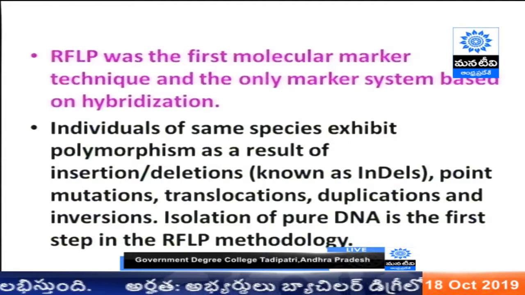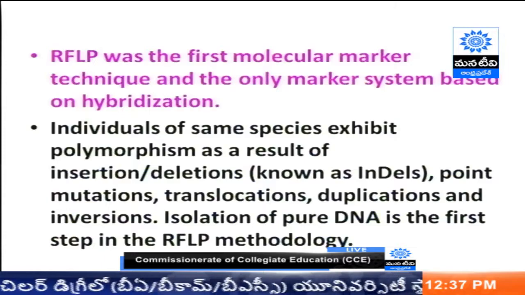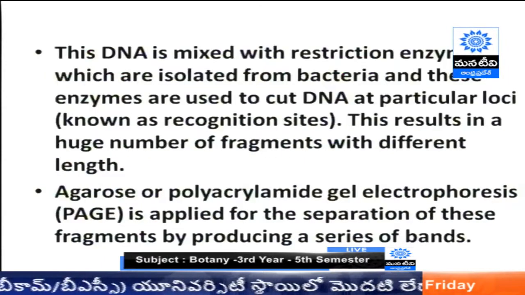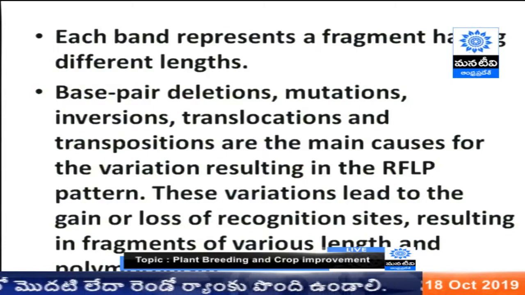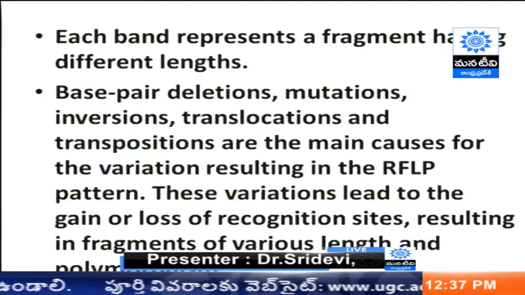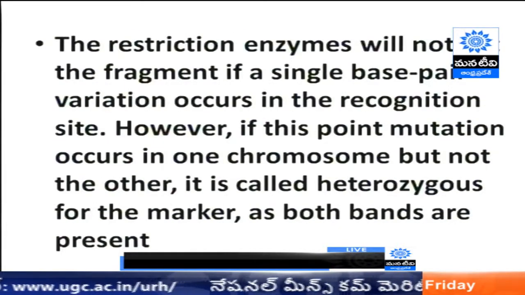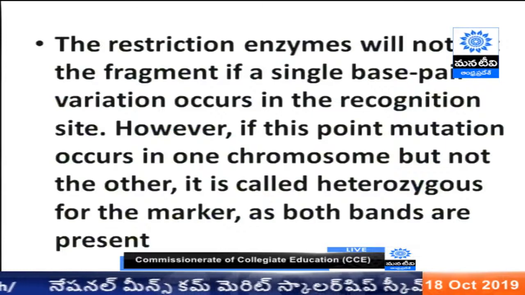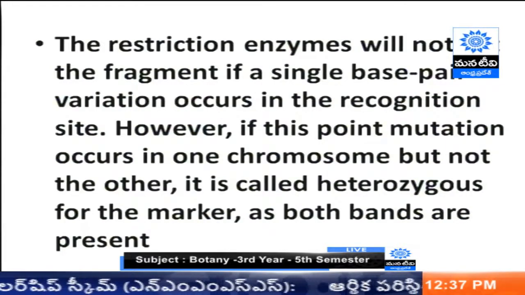Simple base sequence changes, or sometimes large scale changes like deletions, inversions, translocations or transpositions, may occur in the genetic material. All these lead to the gain or loss of restriction sites, leading to restricted fragments of different length.